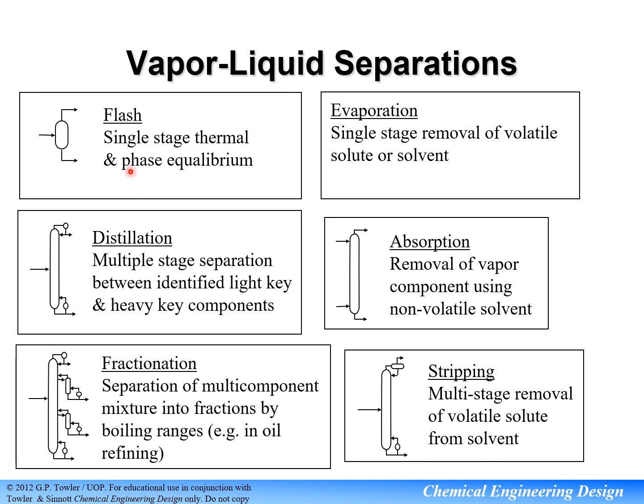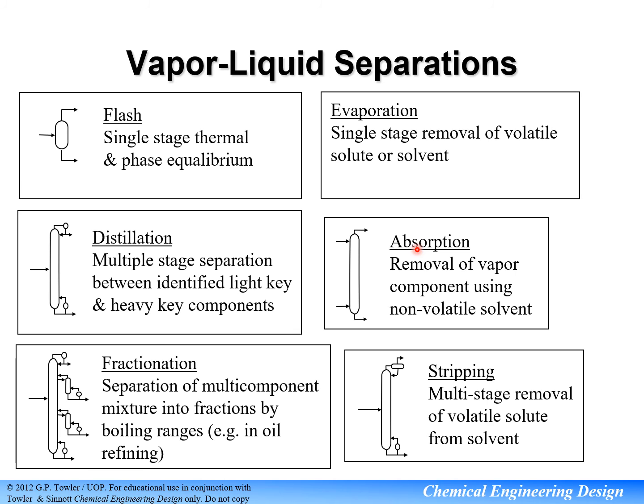If your process wants single stage thermal and phase equilibrium, you can use a flash tank. If you want to do a stage removal of volatile solid or solvent, you can use evaporation. If you want to remove the vapor component using a non-volatile solvent, then you can use absorption.